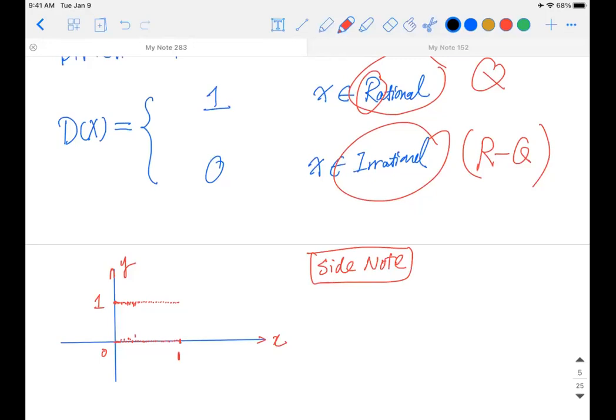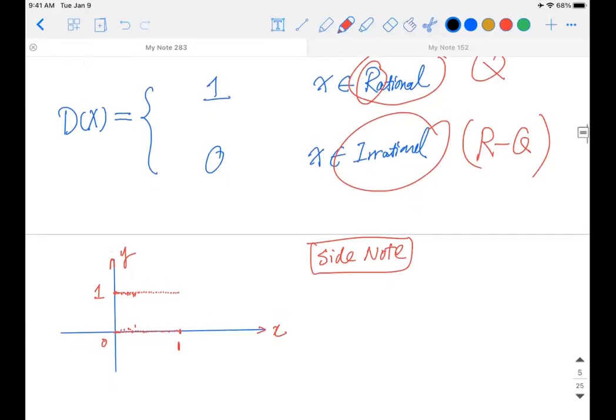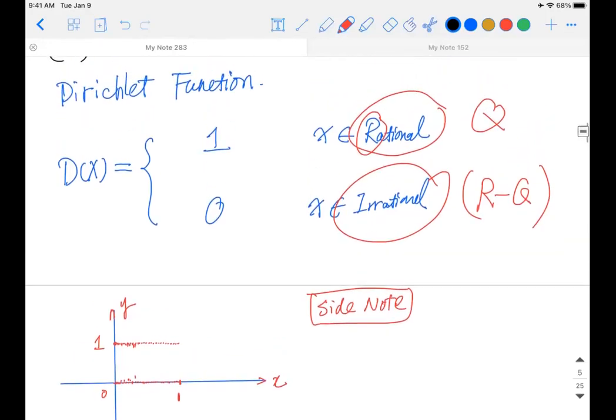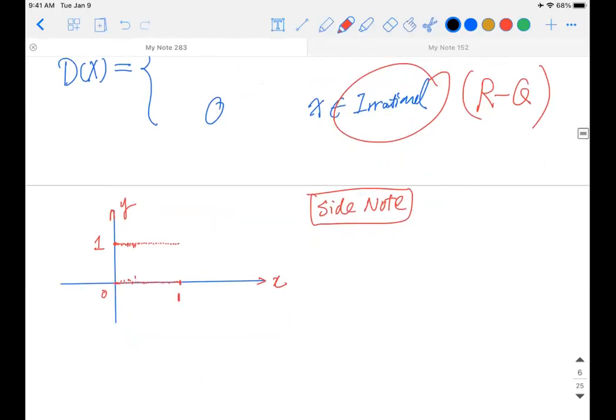Okay, just want to give you guys a very quick side note. In the integral, you guys learned the entire high school territory, right? We learn a lot of techniques for how to do the integral. Those integrals actually have a name: the Cauchy-Riemann integral. What is that?